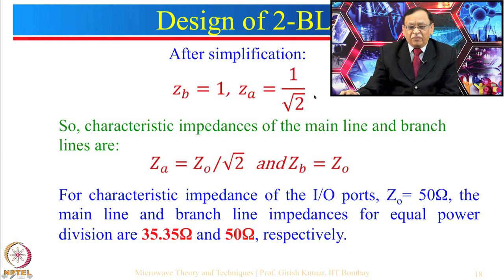Now, these are normalized values. When we denormalize, we can say that Za is equal to Z0 by square root 2 and Zb is equal to Z0. So, if we take Z0 as 50 ohm, then Zb becomes 50 ohm and Za becomes 50 divided by square root 2, which is 35.35 ohm.